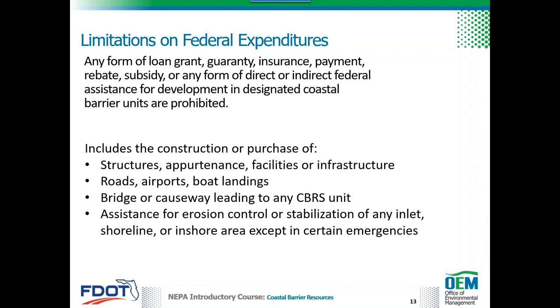Structures, appurtenances, facilities, or related infrastructure. 2. Roads, airports, boat landing facilities, or other facilities. 3. Bridges or causeways leading to any coastal barrier resource system unit. And 4. Assistance for erosion control or stabilization of any inlet, shoreline, or inshore area, except in certain emergencies.